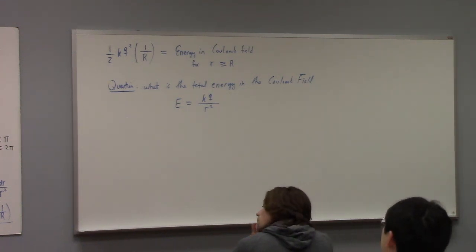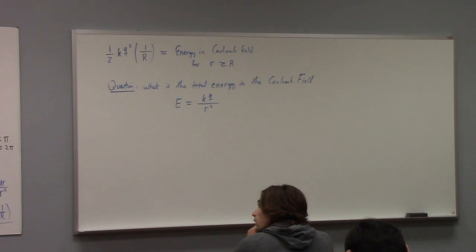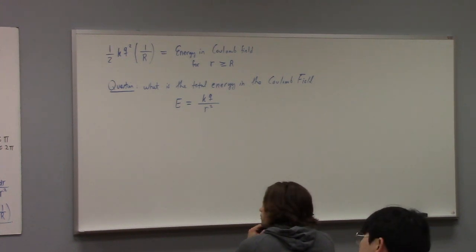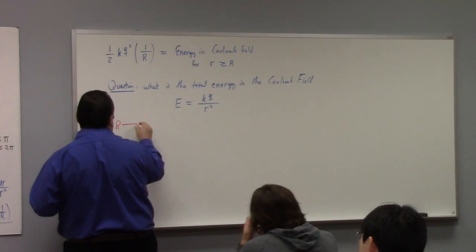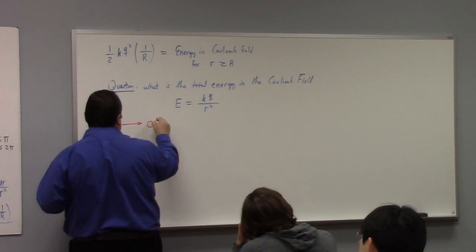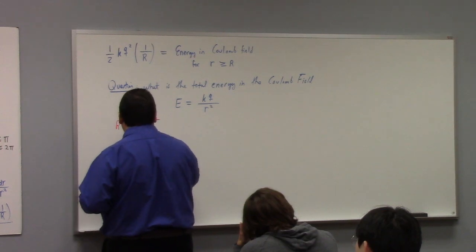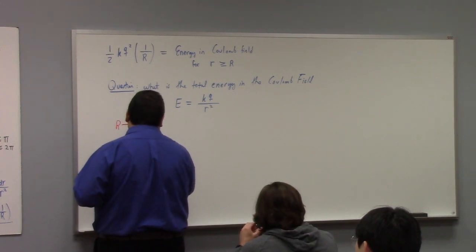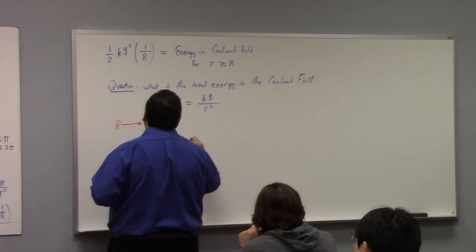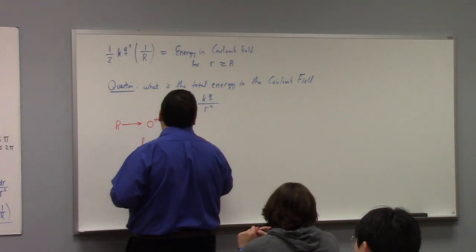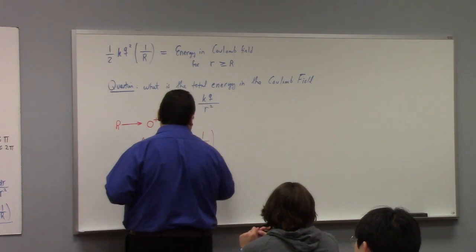You don't know? Nobody knows? Infinity? No, no. I need to think about the limit as big R goes to 0 from the right. What's the limit as big R goes to 0 from the right of 1/2 kq squared times 1 over r?